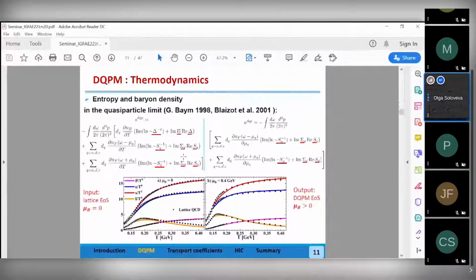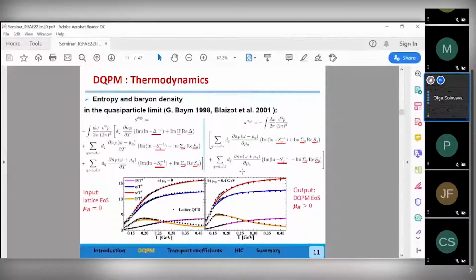Here is a gluon propagator, and the self-energy is just the masses and the widths. We fix our parameters at µb equals 0, and then we can have output at any non-zero µb.